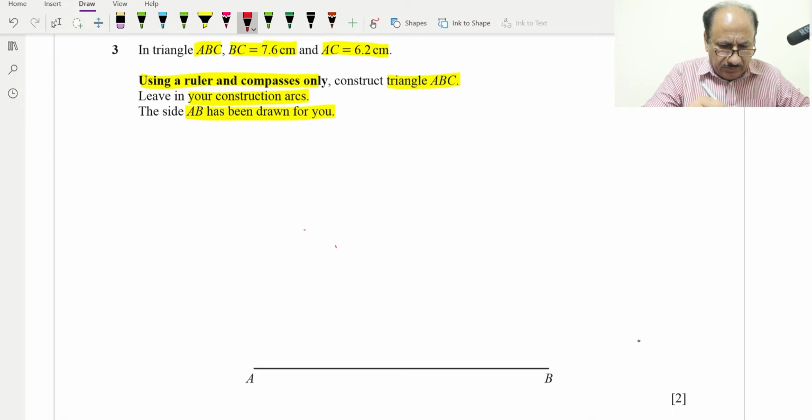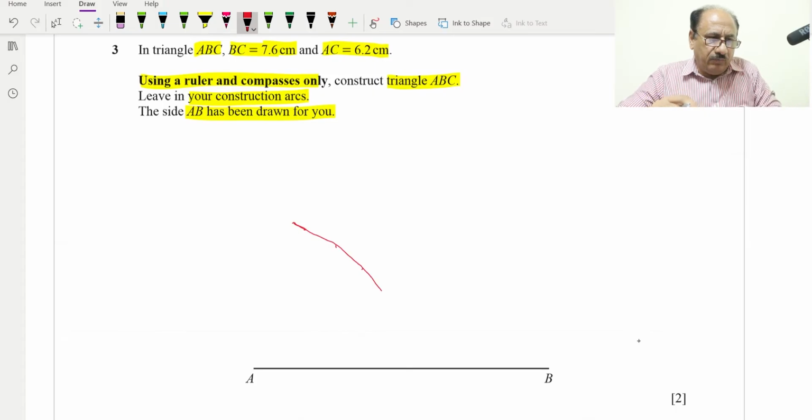So these are basically the 6.2 marks. So for the arc, we can just roughly draw an arc like this one. So this will be the arc for 6.2, and BC is 7.6.